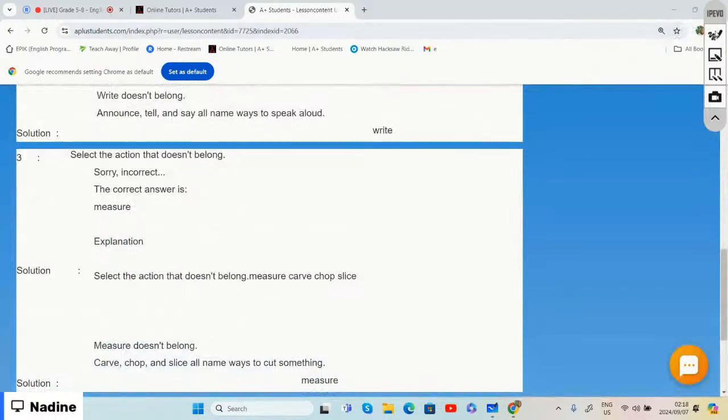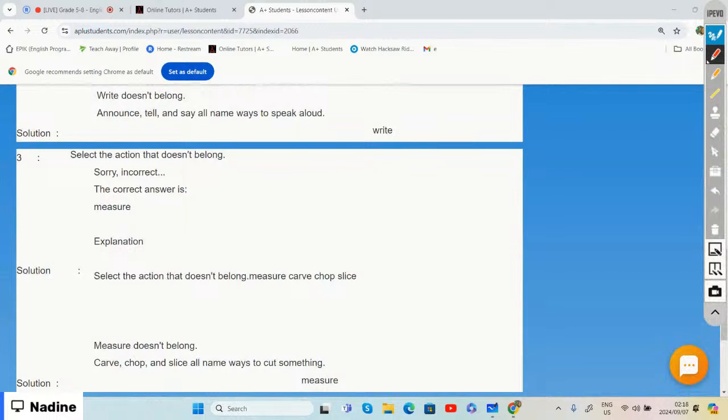Let's look at the next one. We have the word measure, we have the word carve, chop, and we have the word slice.